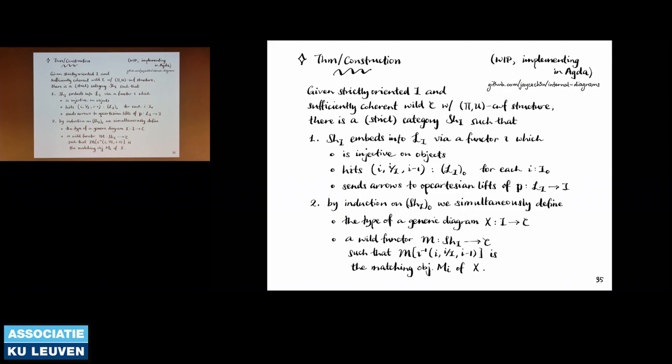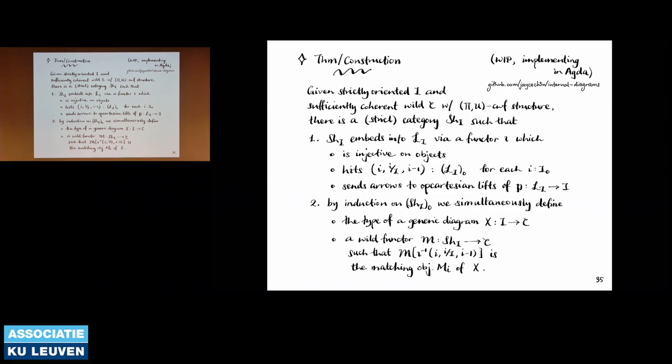So the point is that there's another category, Shapes, that embeds into the category of co-sieves via some embedding iota, which, first of all, is injective on objects. It hits every co-slice, so you don't lose anything in that sense.